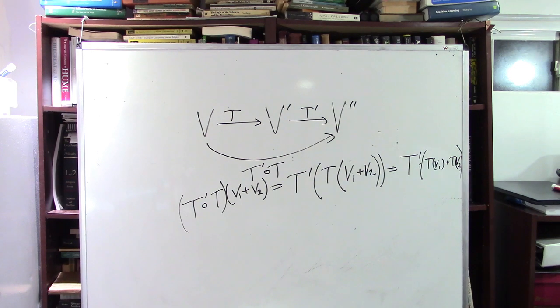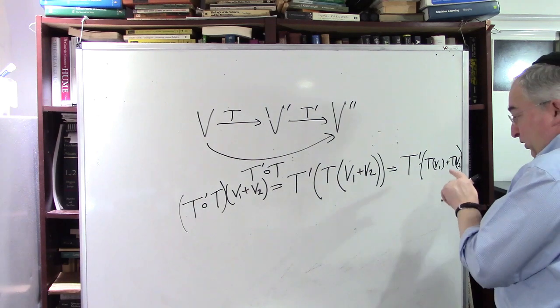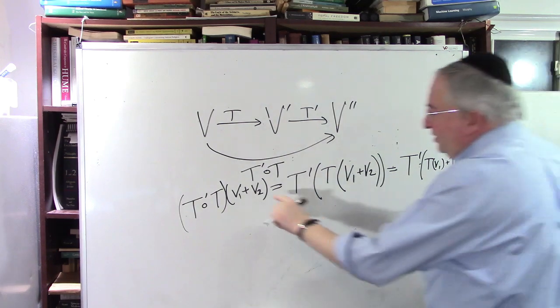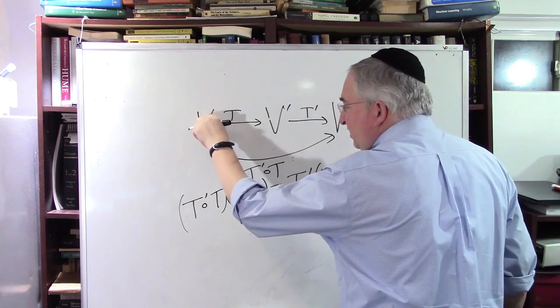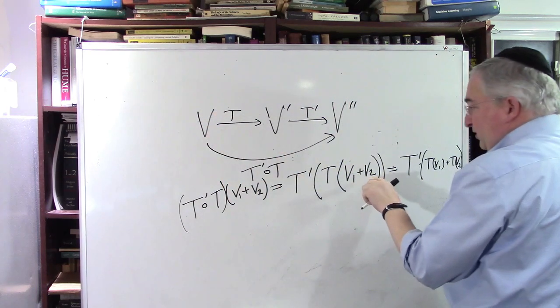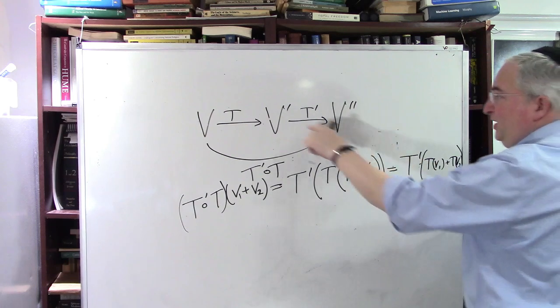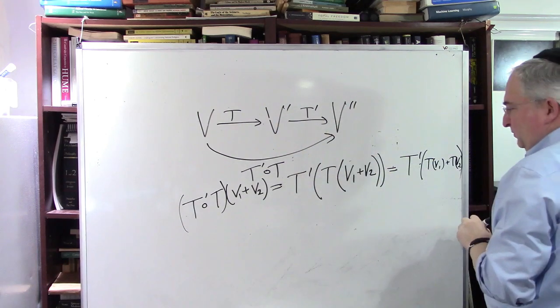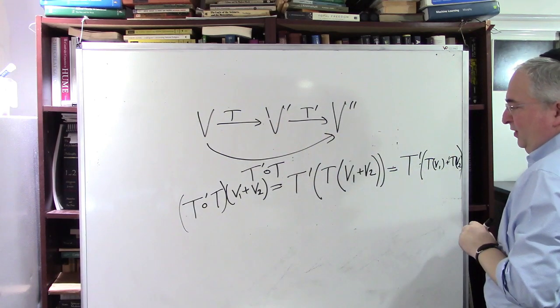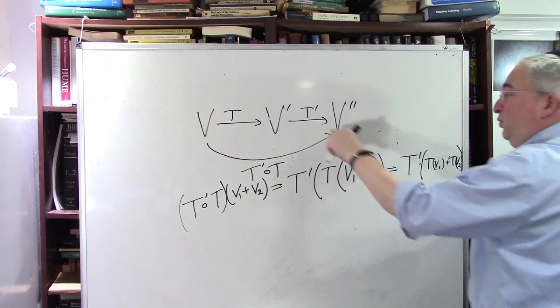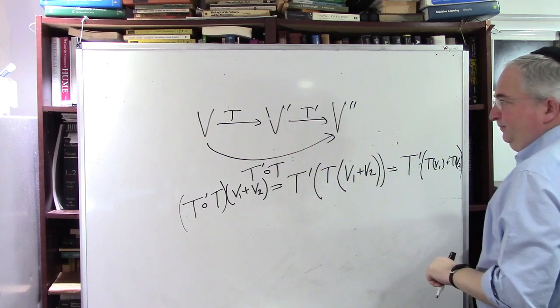Okay, good. Next, let's go through this. This plus takes place in V. This plus takes place in V. This plus takes place in V prime. Okay, so maybe we'll put a prime over there. Okay, great. What do we know about T prime?